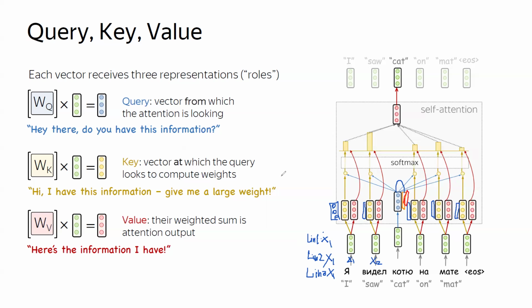Maybe it makes sense because this will be the actual value of our output embedding. And this is just one linear layer, another linear layer, and a third linear layer applied to our input. So we get three different representations for our input embedding. After that, we apply this self-attention mechanism.